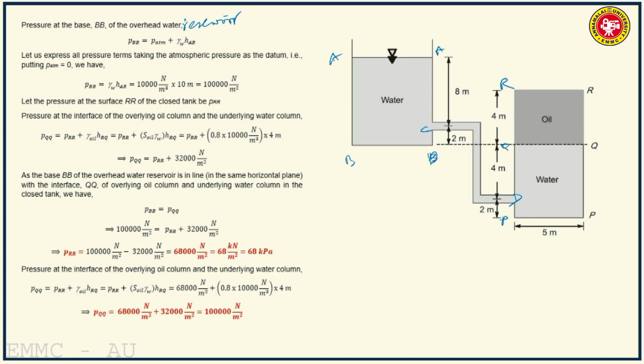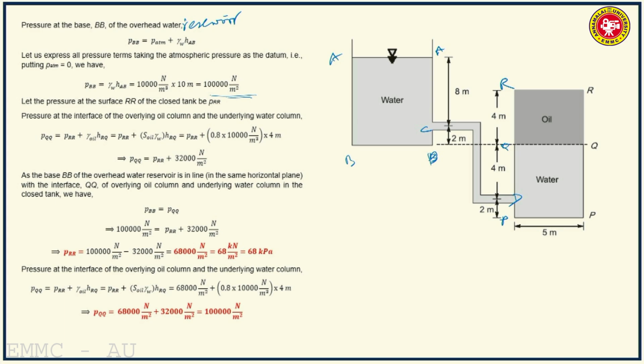PB is equal to P atmospheric plus the pressure due to a column of liquid, pressure due to 10 meters column of liquid. So that comes to 100,000 Newton per meter square.